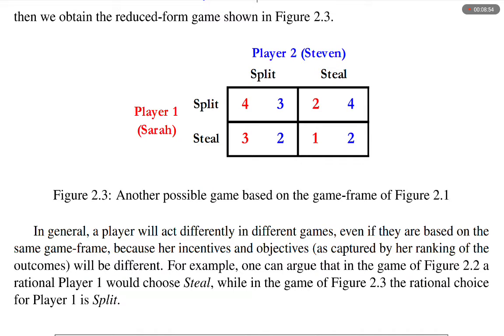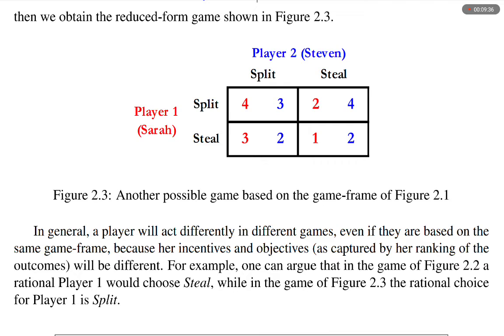We have another 2x2 grid. Sarah is again on the rows with split and steal, and player 2, Stephen, is on the columns, split and steal. In the case where Sarah splits and Stephen splits, Sarah gets 4 and Stephen gets 3. Where Sarah splits and Stephen steals, Sarah gets 2 and Stephen gets 4.